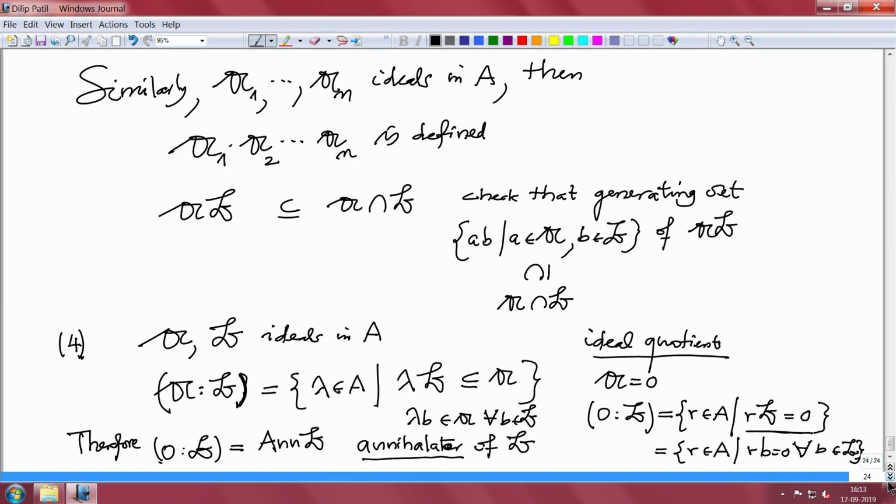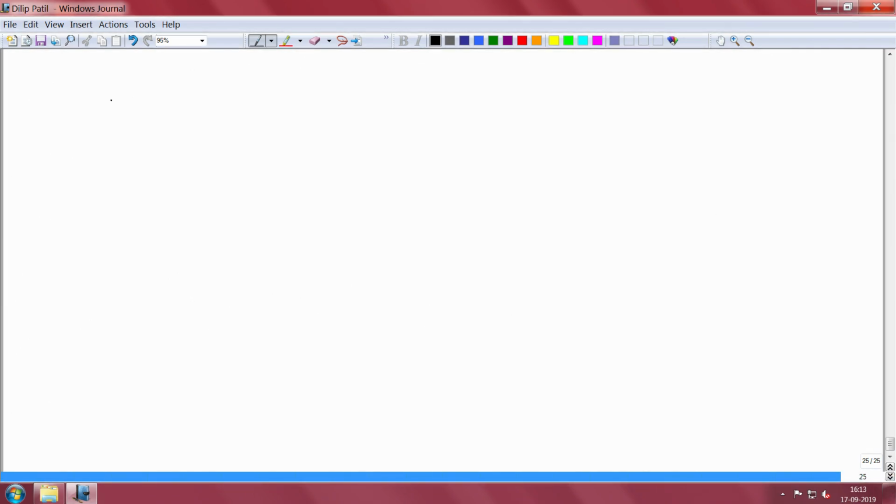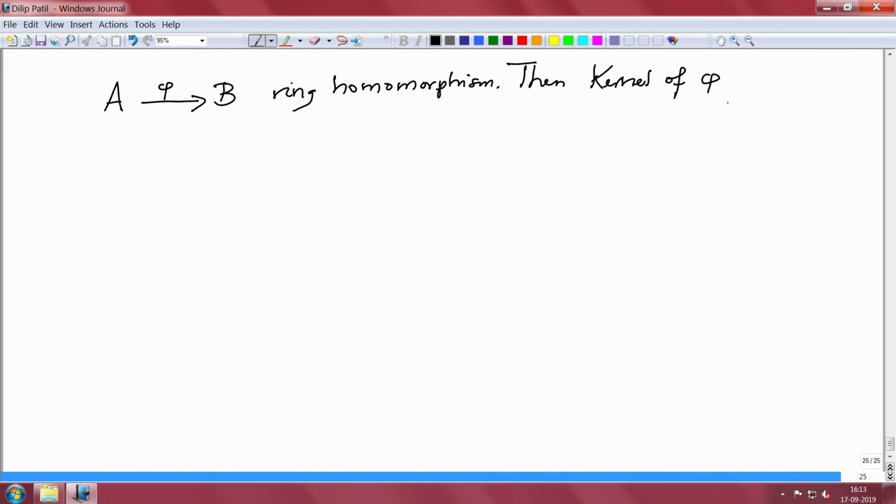But right now I also want to remind that whenever I have a ring homomorphism φ from A to B, then the kernel of φ, which by definition is all those elements a in A such that φ(a) is 0, this is a subset of A, and is an ideal in A.